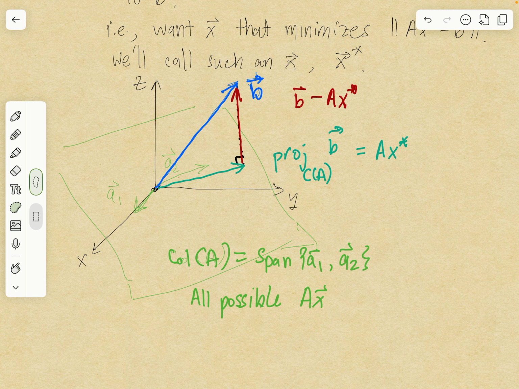But it's not just that. Because one of the facts is that when you have a vector and you project onto a subspace, let me just write that down.